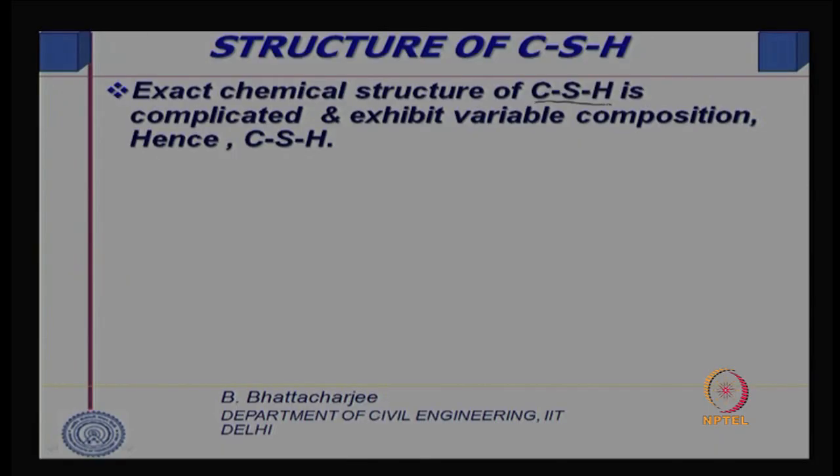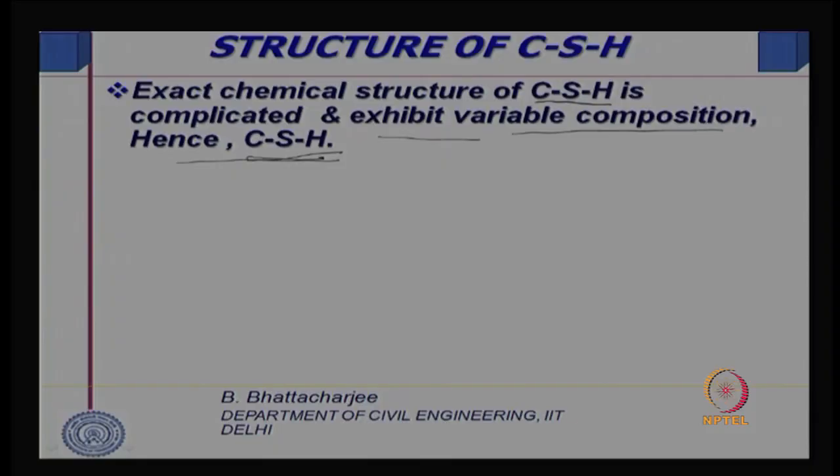The exact chemical structure of CSH is complicated and exhibits variable composition, hence we call it CSH. That is why we said that it has a gel-like, gelatinous structure, but we do not denote it by an exact formula, because it has a variable formula.